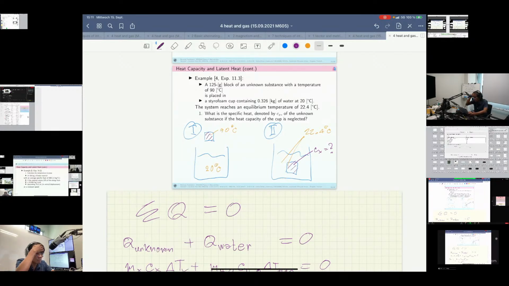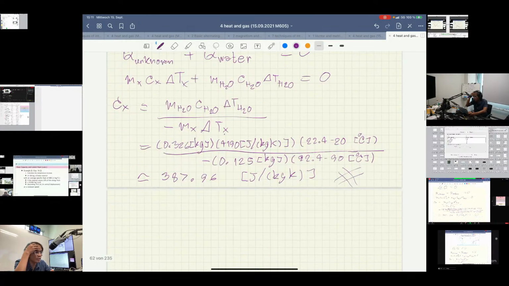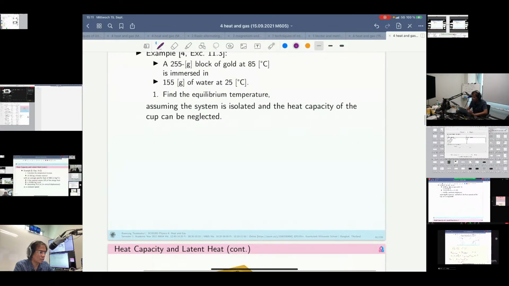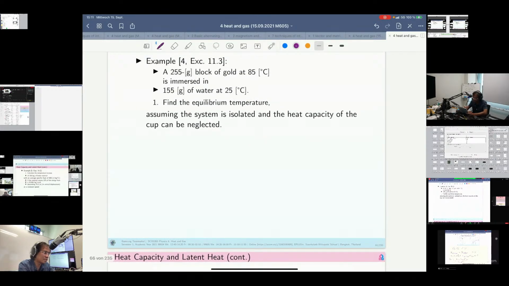And yeah, we arrive at this problem. We throw the gold into the water. The gold needs heat again. We have two states. The first state is that we have a piece of gold.